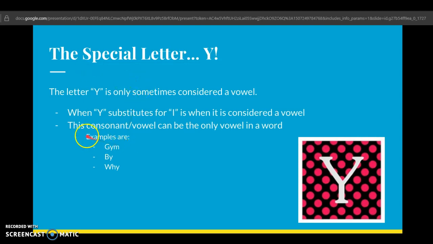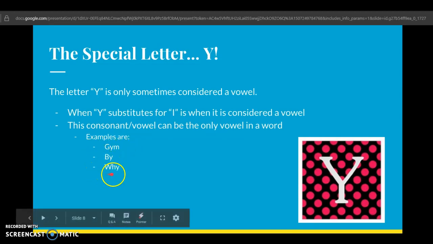This letter is a consonant and a vowel. So it can be either one, just depends on what word you have it in, how you use it.